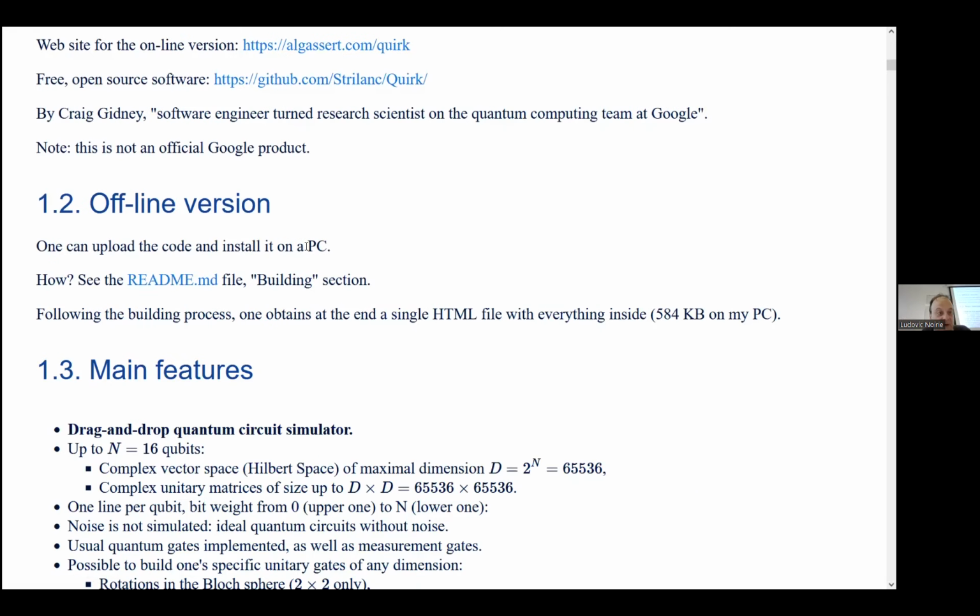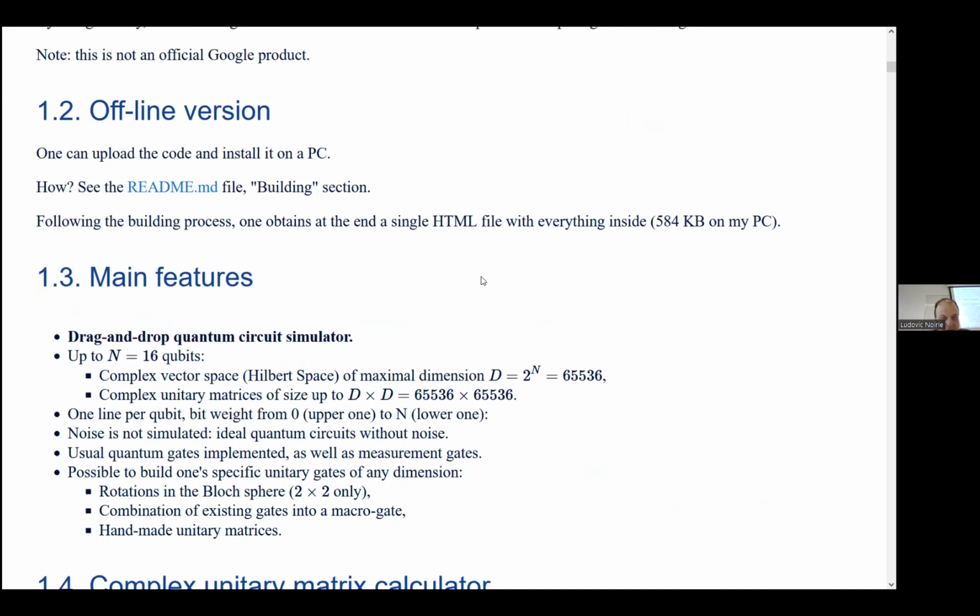You can also have an offline version that you can install on your PC, and to do it, you just need to see the README file and the building section in this README file. In terms of size of the program, it is an HTML page with everything embedded inside, which is not so heavy, less than 1 megabyte on my PC.